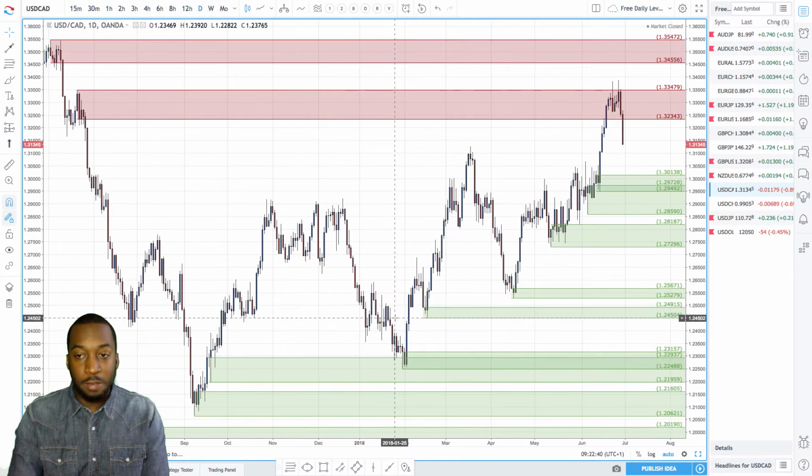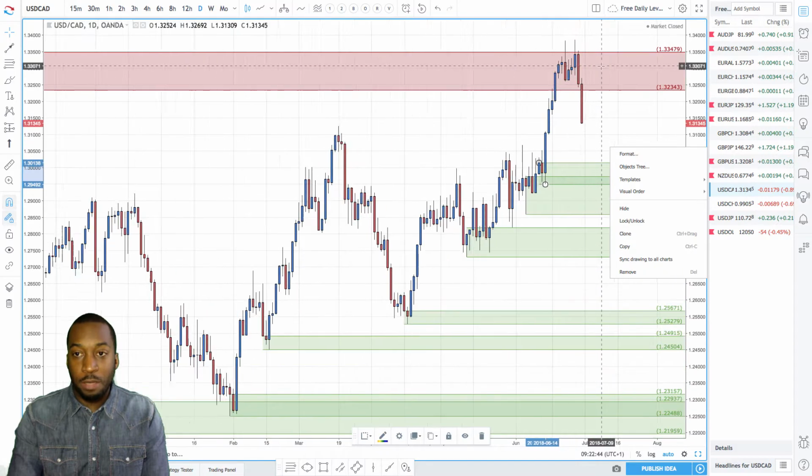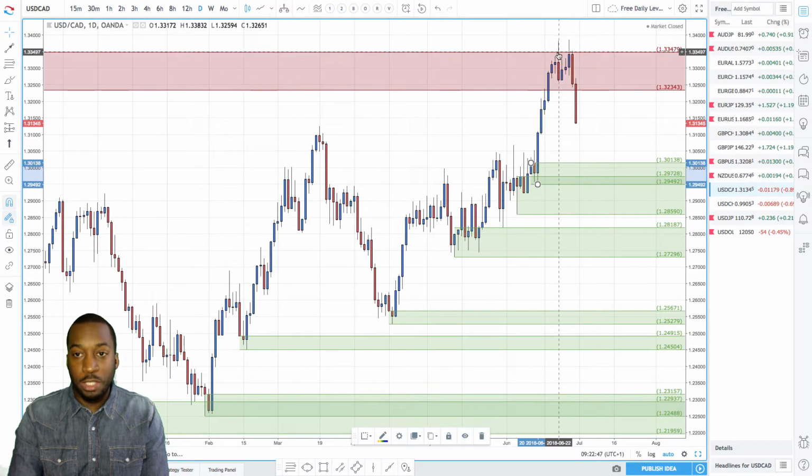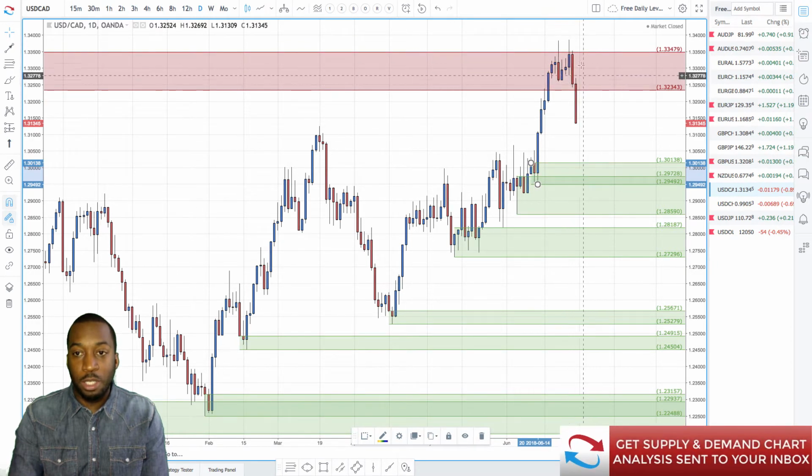This is what it looked like, and there were several chances to get short on this currency pair. So you had this nice outside candle, and then you had a nice engulfing candle to the downside, right? And again, this coincides with potential dollar weakness.